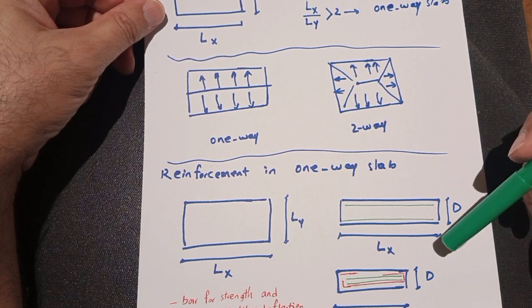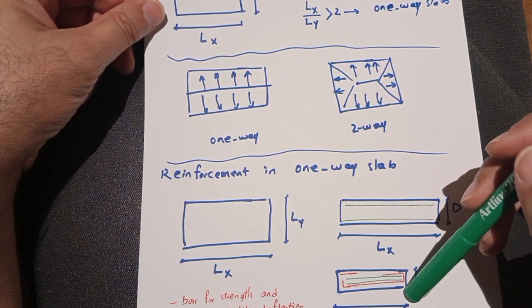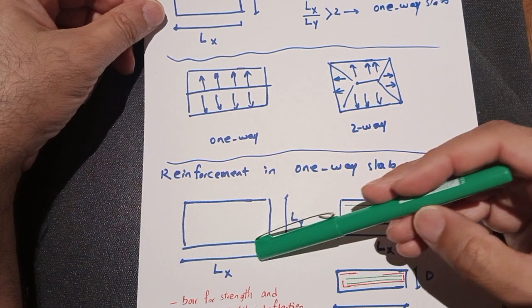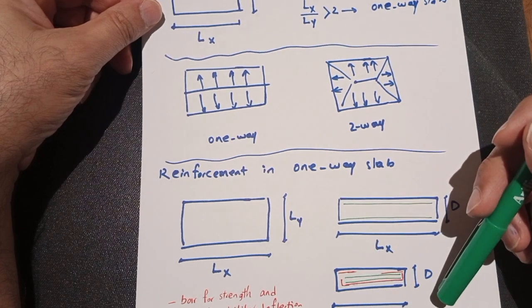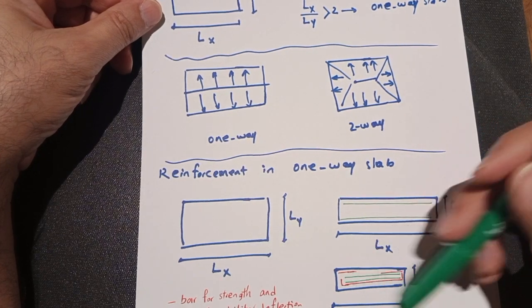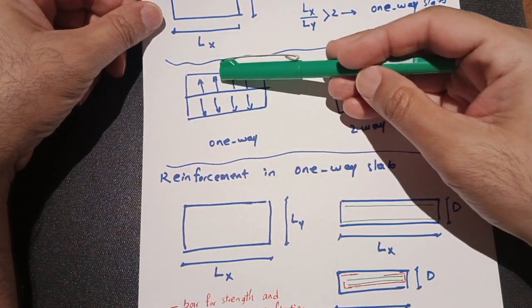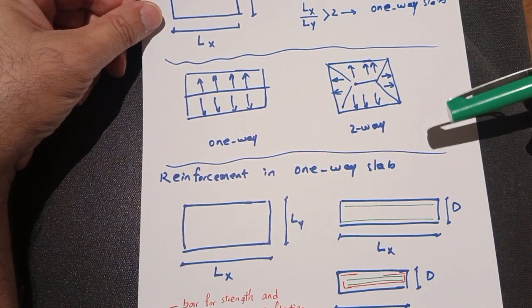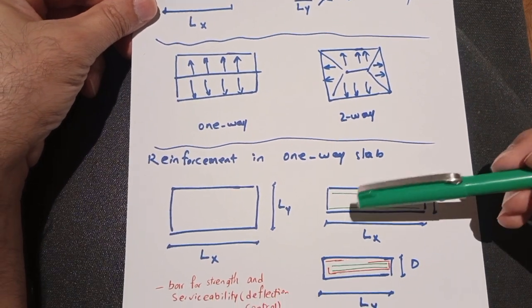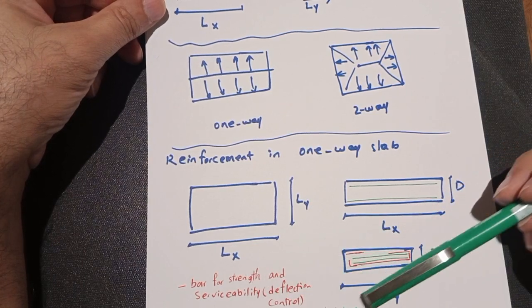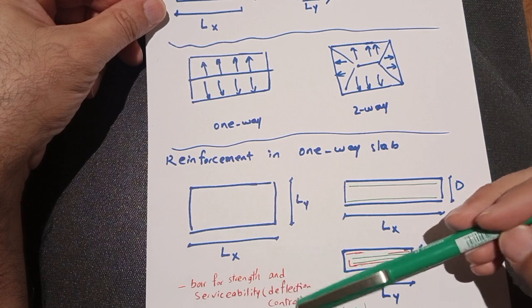It means that if we provide reinforcement for just the short direction, that is the section of Lx here, the reinforcement will control the deflection and strength required for load applied on the long side. So I've shown here 2 types of reinforcement. The red one here is just the bar for strength and deflection control.